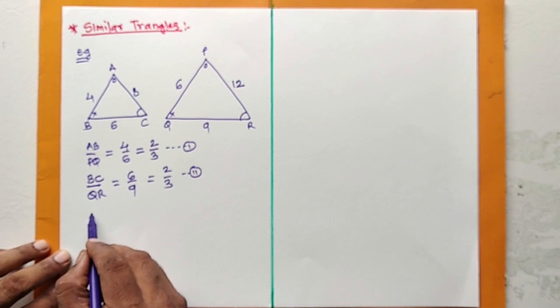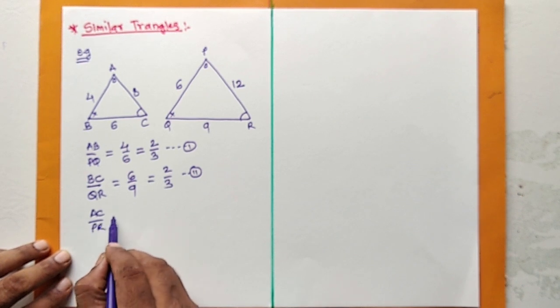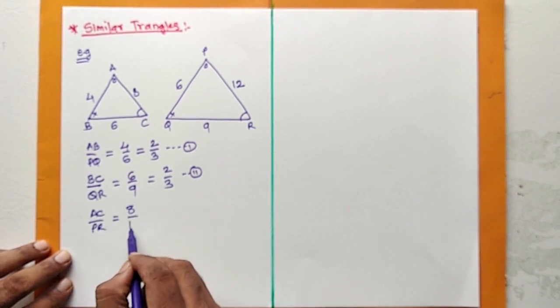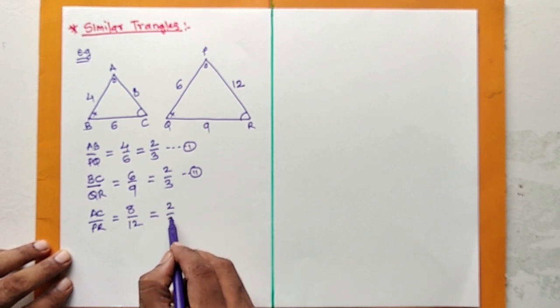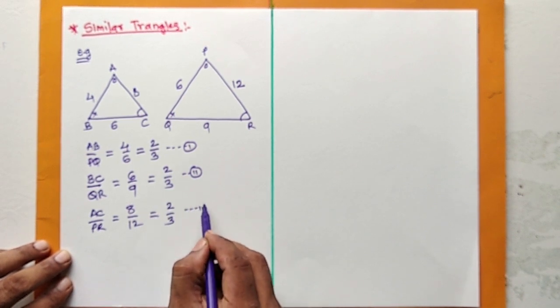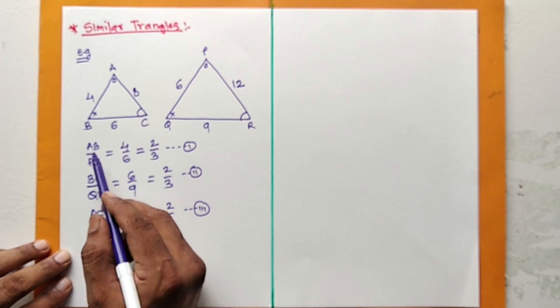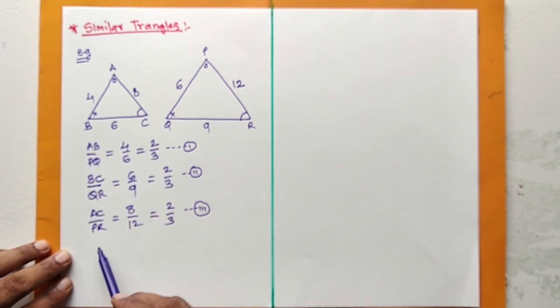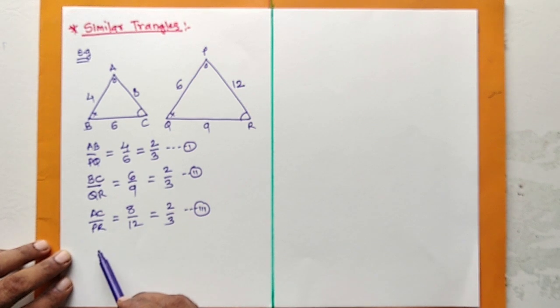And the third ratio is AC upon PR is equal to 8 upon 12, in simplest form 2 upon 3. From these three statements, we can say that the corresponding sides are in proportion. That means the ratios are equal.